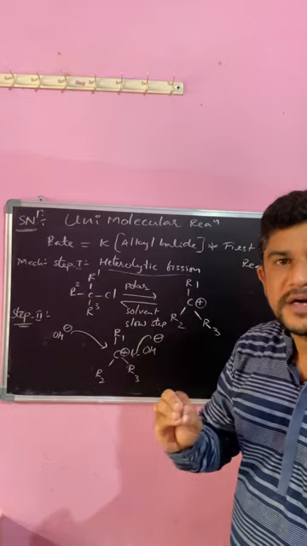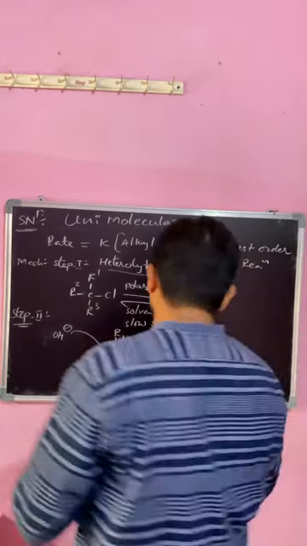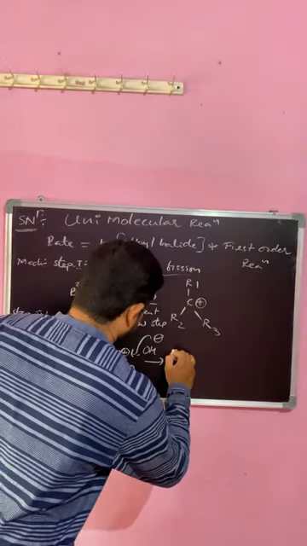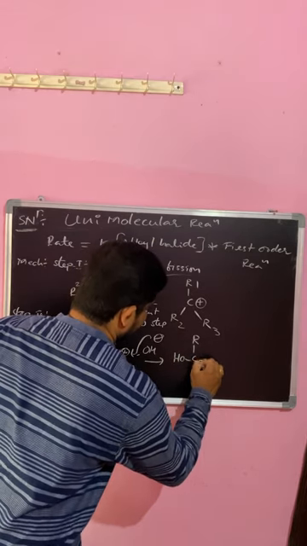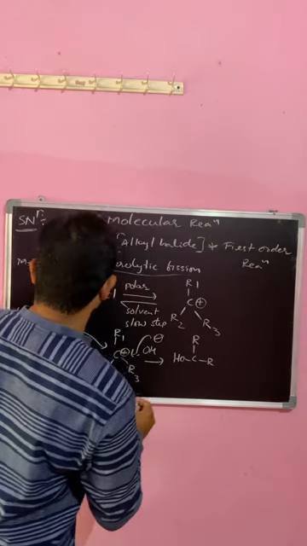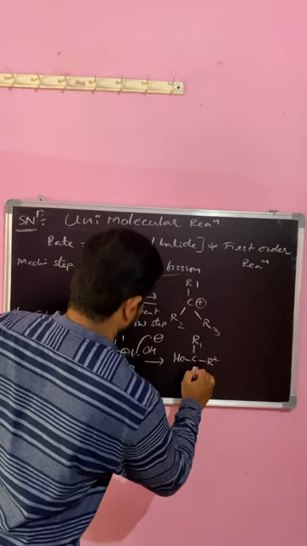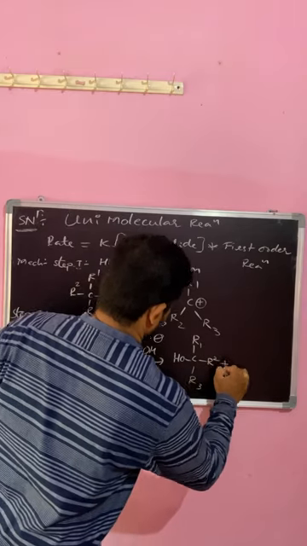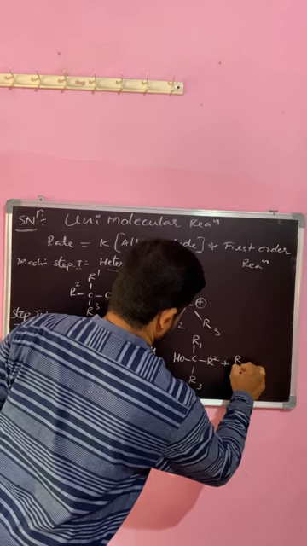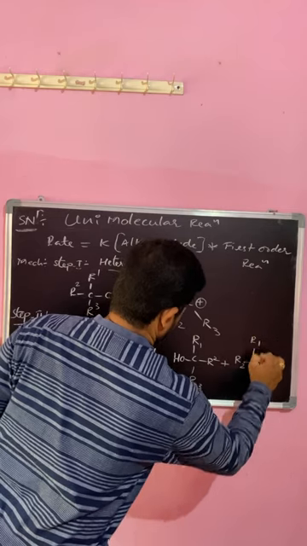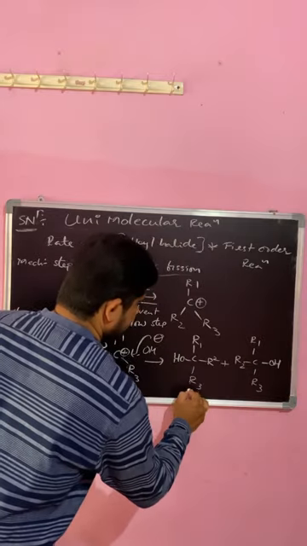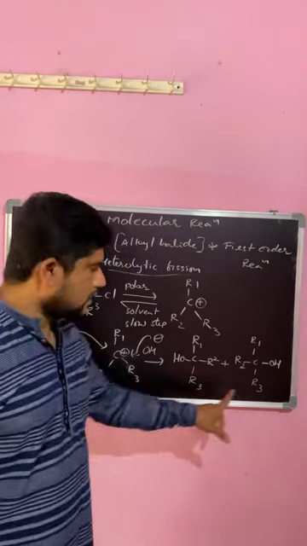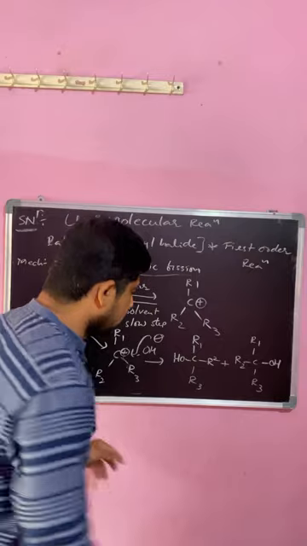How many products are formed? Two products are formed in the SN1 reaction, one with inverted configuration, another with retention configuration.